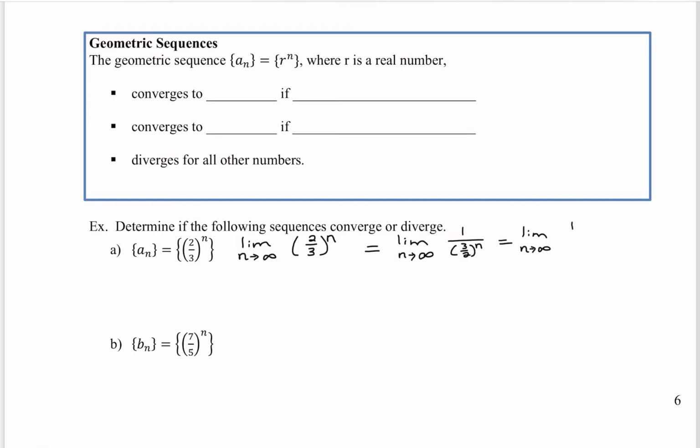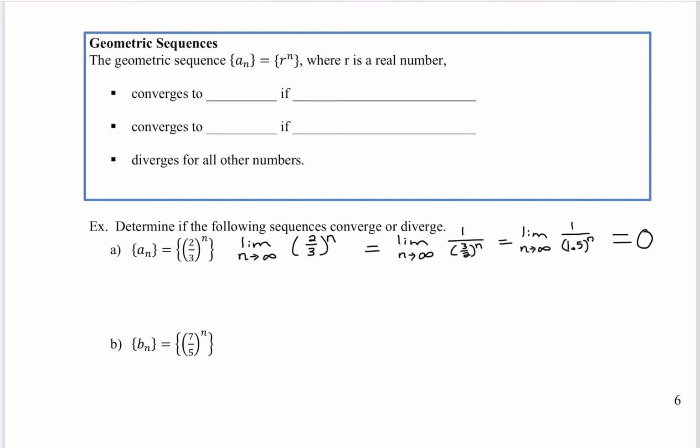So think about what happens if you have a base that's bigger than 1 and you start plugging in really large powers on that base. That denominator is going to get bigger and bigger and bigger. So this denominator is going to go to infinity, and then 1 over something going to infinity is going to go to 0. So this limit is going to go to 0.